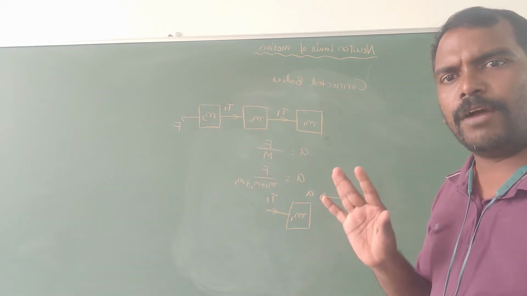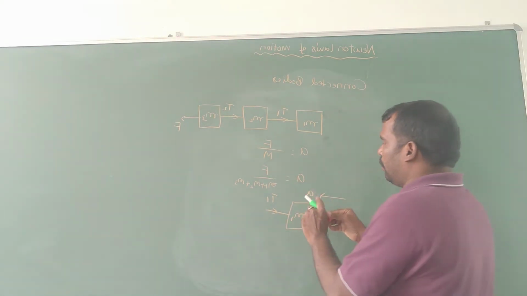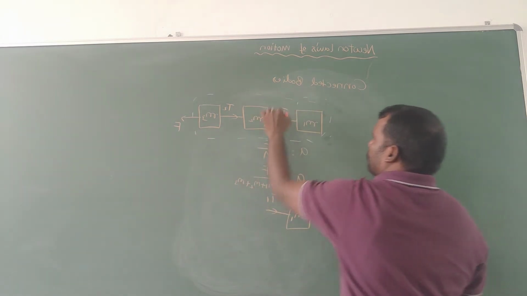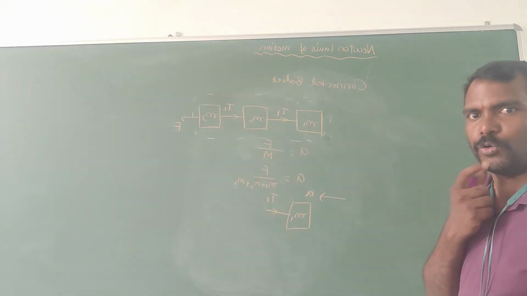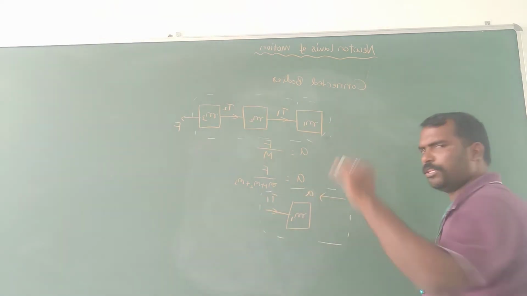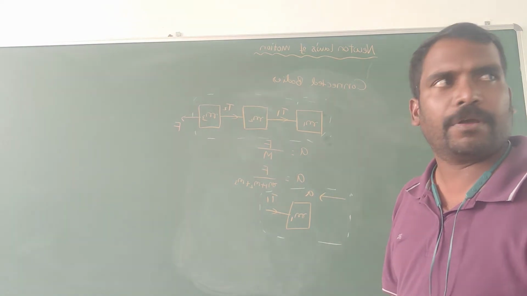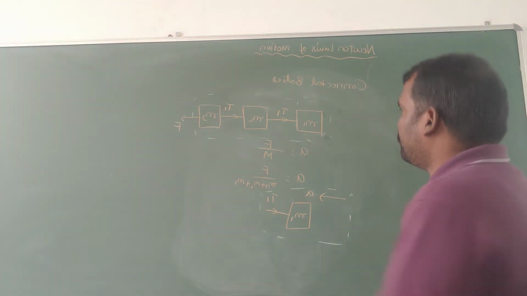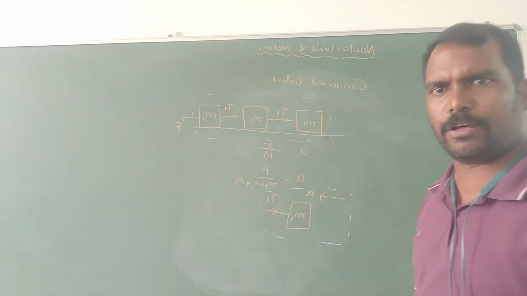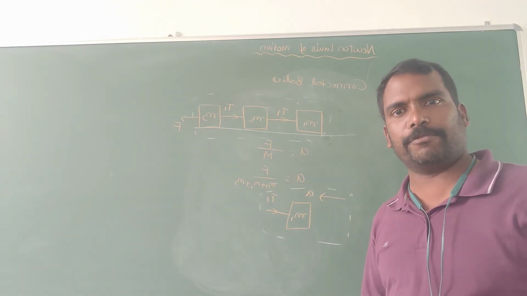After that we have to decide on a particular body: either all three bodies, or only the first, second, or third body. To find T1, I assumed only this body. On this, how many forces are there? The system is kept on a horizontal floor. Vertically, how many forces are there? Horizontally, how many forces are there?